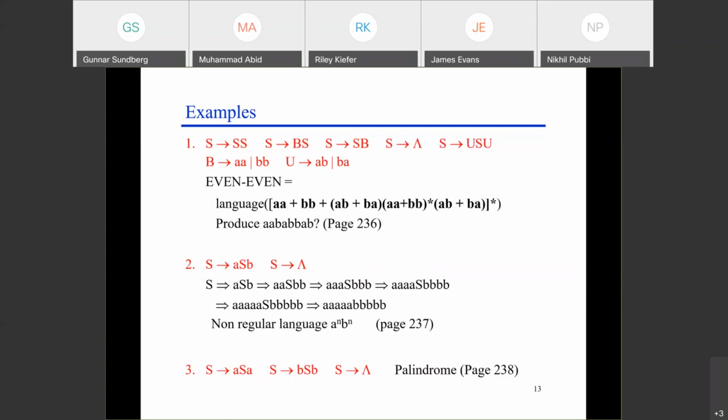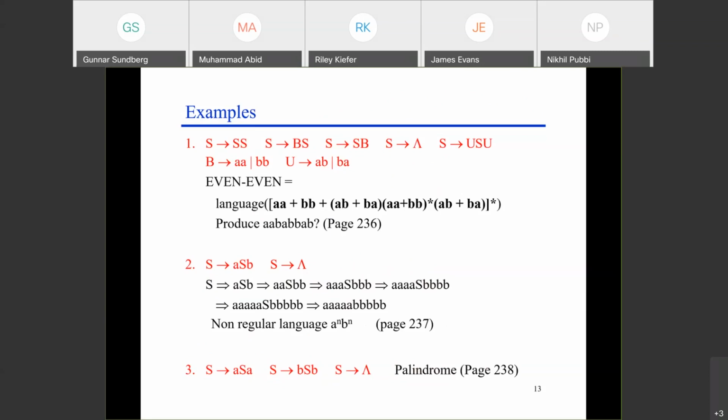And now we have this example here. We have this grammar. I want to emphasize non-terminals, terminals, and production rules. It has 1, 2, 3, 4, 5, 6, 7, 8, 9 production rules. How many non-terminals do we have?